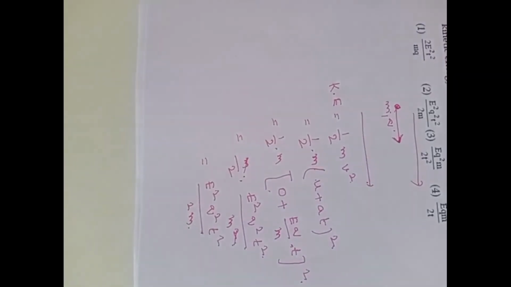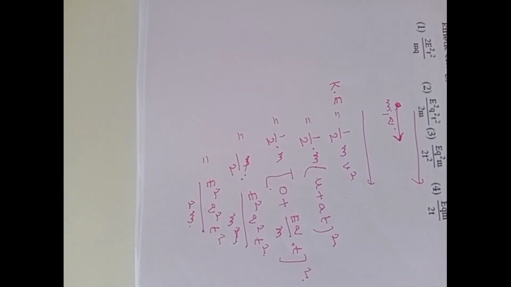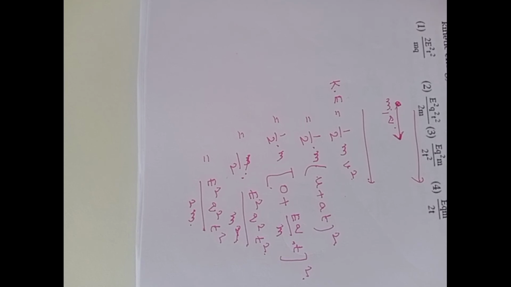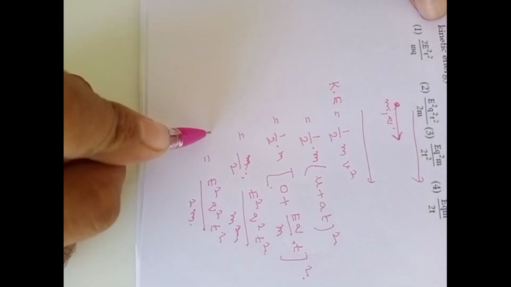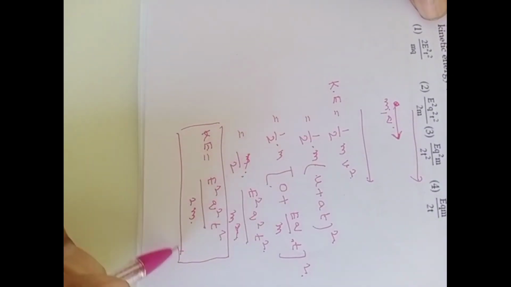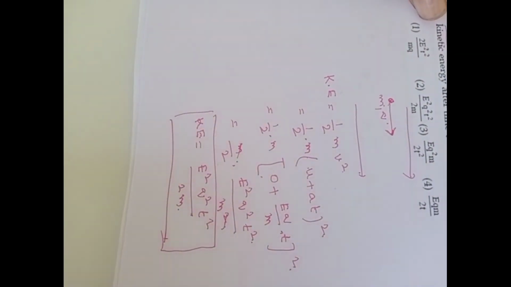A charged particle is released in the electric field. After time t, what is its kinetic energy? That is the question. For the kinetic energy formula, we know V is equal to U plus AT. Here U is equal to 0, and A is EQ by M. By substituting that we got KE is equal to E square Q square T square by 2M.